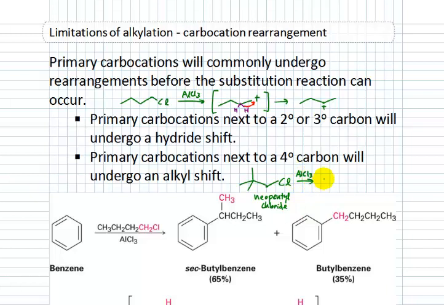With AlCl3, we end up with the very short-lived neopentyl carbocation, which will undergo an alkyl shift.